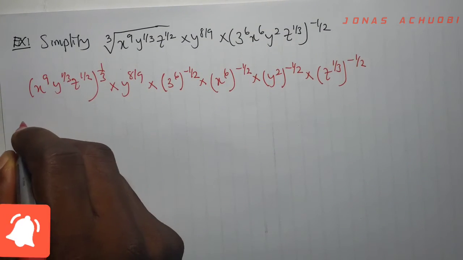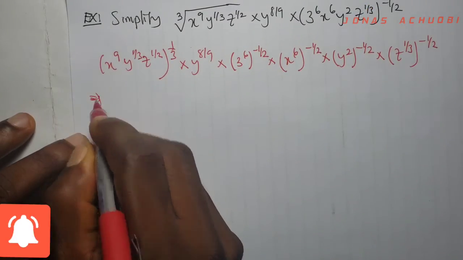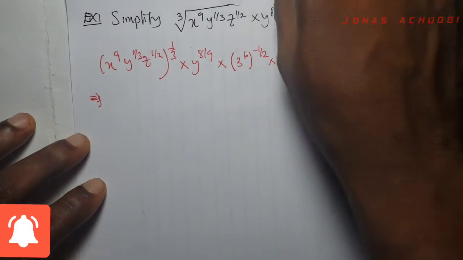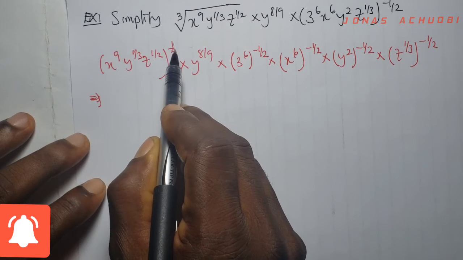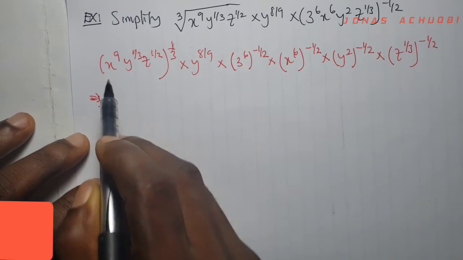And I can still apply that same law to the first bracket, because here I have a power 1 over 3 outside and I have more than one index form inside. I distribute.